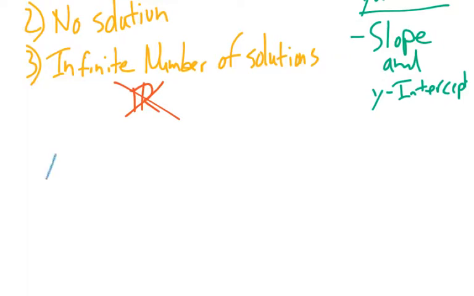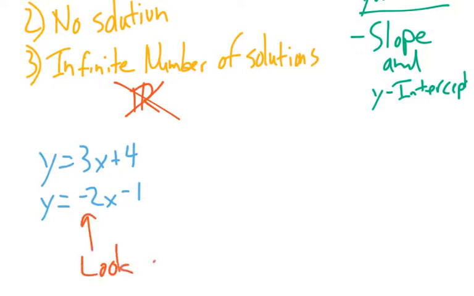Let's say we had y equals 3x plus 4 and y equals negative 2x minus 1. All right, so all we have to do is, first of all, look at the slope. If the slope is different, you're going to have one solution.